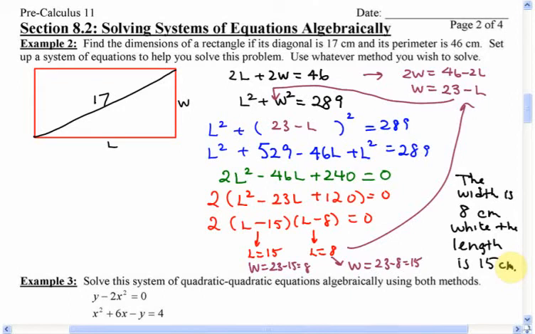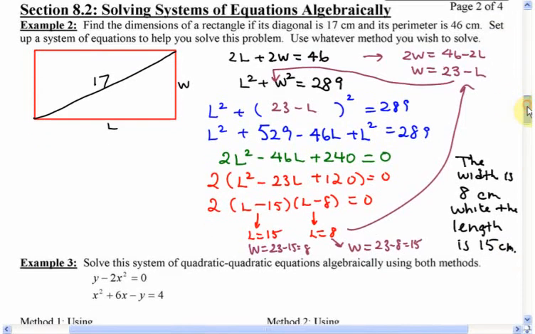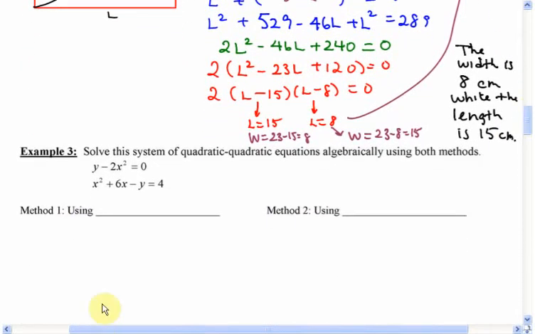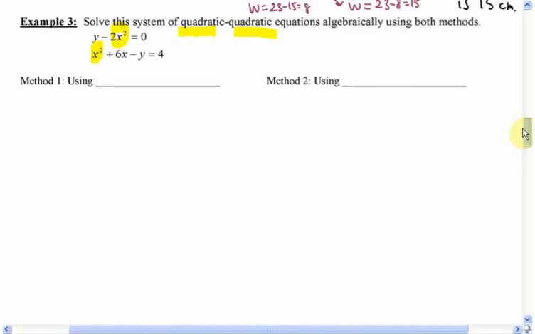Alright, ladies and gentlemen, so try number 3 now. Once again, you're solving systems of equations. This time it's a quadratic and a quadratic because you see both equations have a square. But algebraically, it's the same methods as before, so I'm going to let you try this one out on your own.